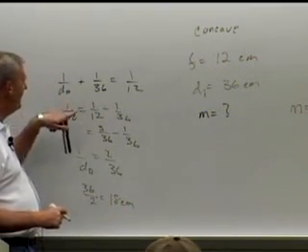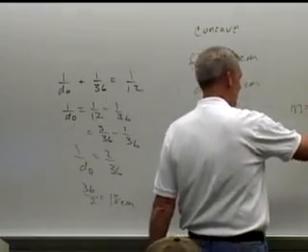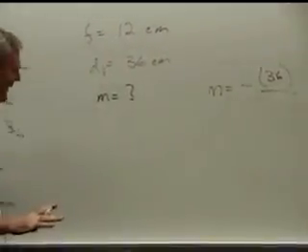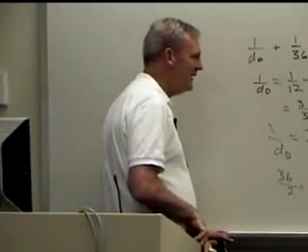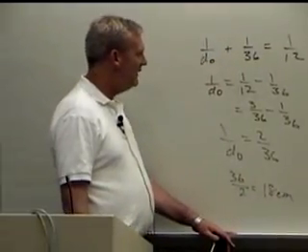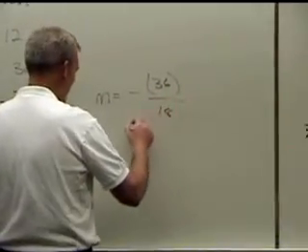So DI was 36 over, I'm going to put it in parentheses so I don't screw up that negative sign, negative, that's DI, right? What's DO? 18? Oh, look, it's twice as big.